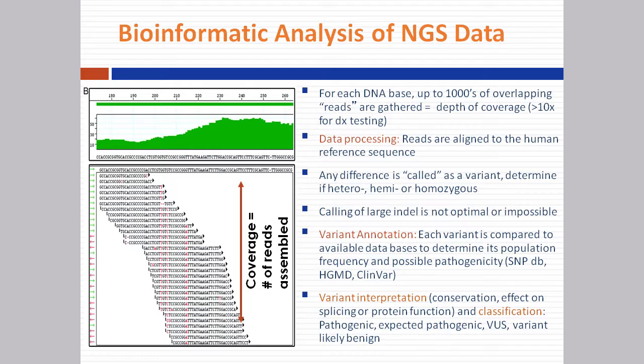If every base is different across all of the reads, you would say this is a homozygous variant. If you find a different nucleotide about 50% of the time, then you would think it's heterozygous, and so on. So we need data processing and calling of those variants, and we need to compare and annotate what those variants mean by comparing to other databases.